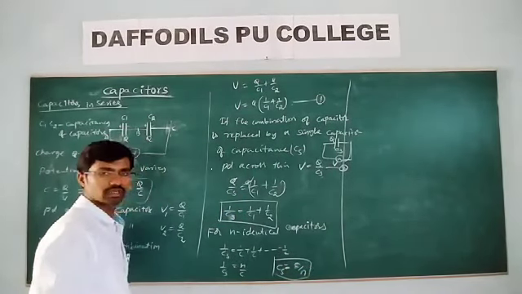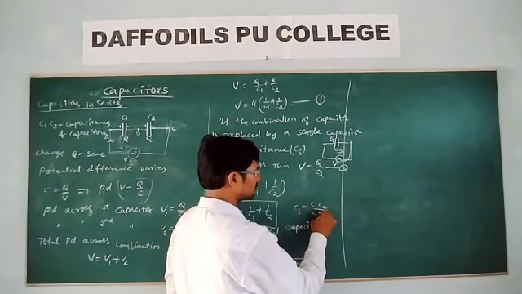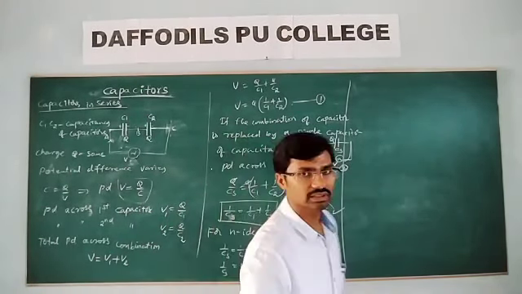For two capacitors, you can write Cs equal to C1 C2 by C1 plus C2.